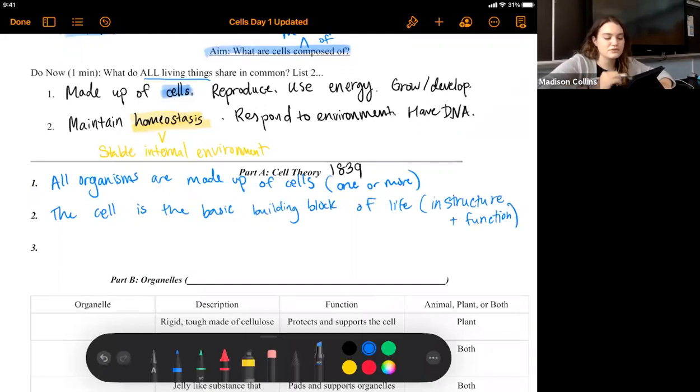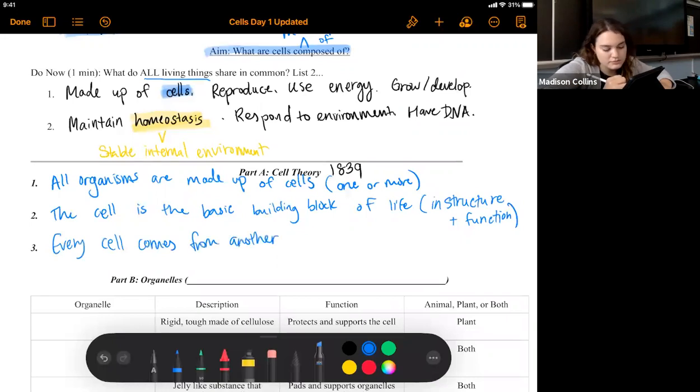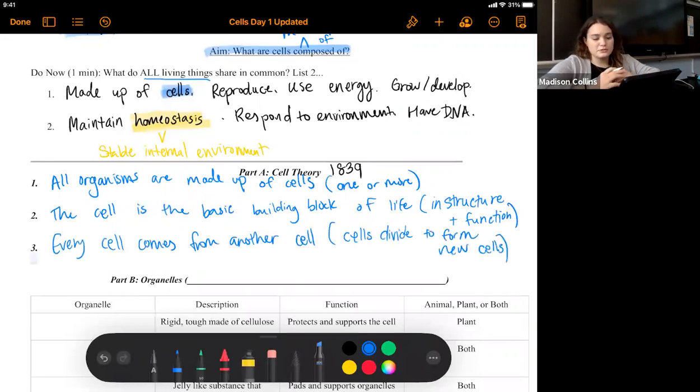And finally, the third part of cell theory says that every cell comes from another cell. What we mean by that is that cells divide to form new cells. So cells don't just poof out of thin air, they come from a pre-existing cell.